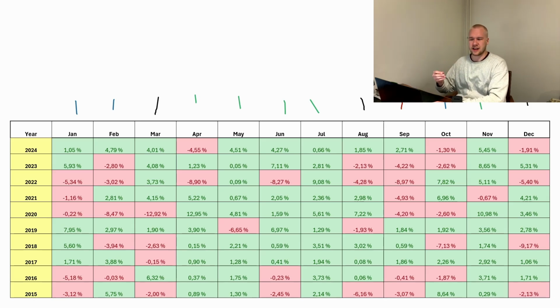And I really feel like looking at the raw data this way complements very well with the month-to-month average. Now it is important to use both, but I just thought that this would be an additional help. And also you can pause the screen and make your own analysis.